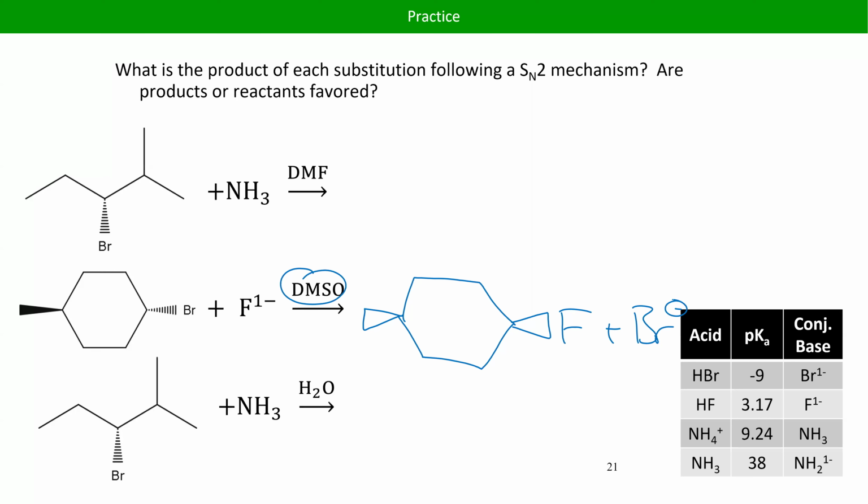So this one, the fluorine is not as good of a leaving group, which means it's a better nucleophile. So we favored the reactants for the first one. First one, we favored products as well.